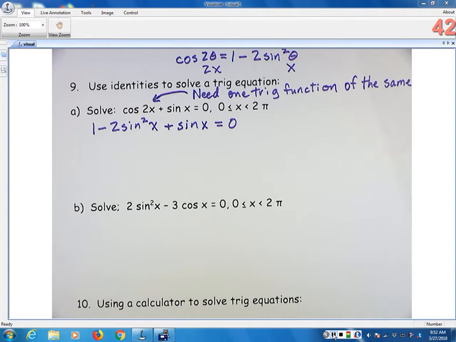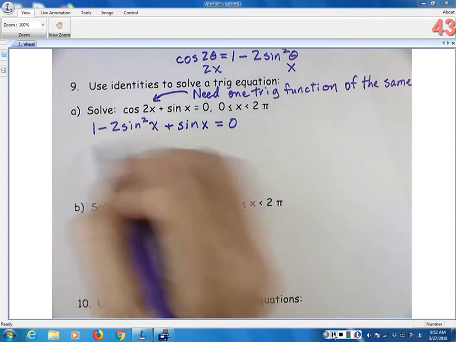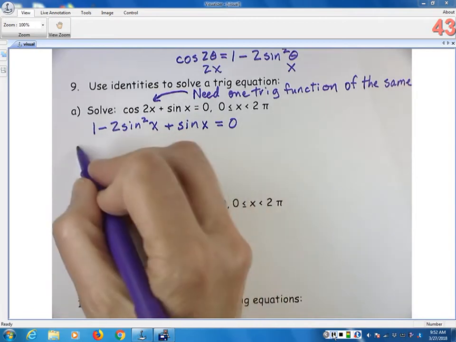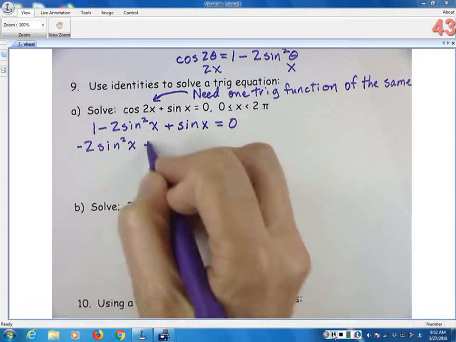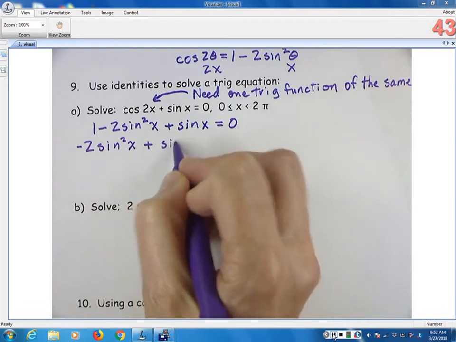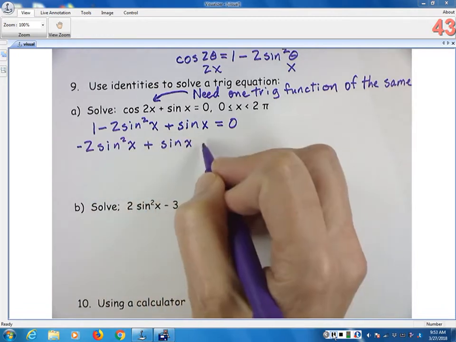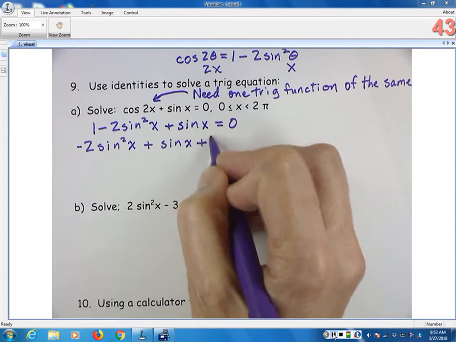So I'm going to rewrite it in descending order, and if you want to make a substitution to factor, you can. This is going to factor, but we're going to write the squared term first, plus sine x plus 1 equals 0.